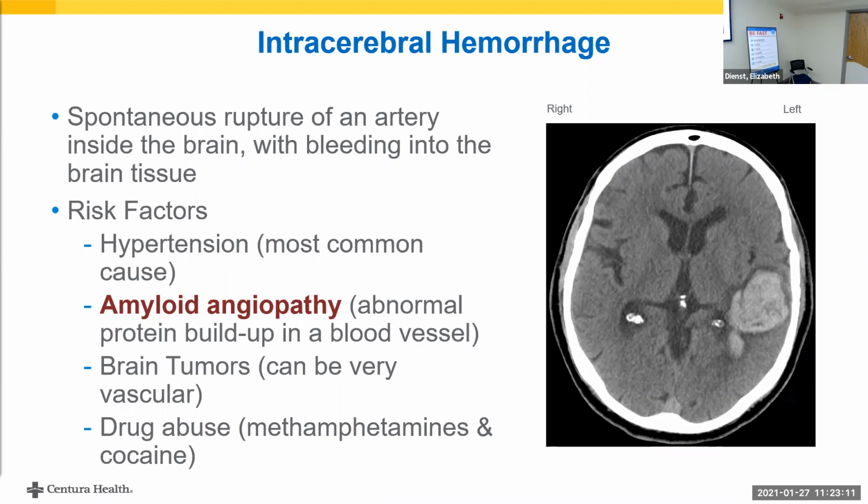Those people that have that abnormal protein, we generally don't give TPA to because they have risk of microhemorrhages in the brain. And then drug abuse. Methamphetamines and cocaine are the most common because they speed up our metabolism and keep our blood pressure and heart rate much higher, and that creates pressure on those arterial vessels in our brain. Those arteries are much more tender. They're not as strong as the arteries in our heart, but people also have heart attacks because of that as well.